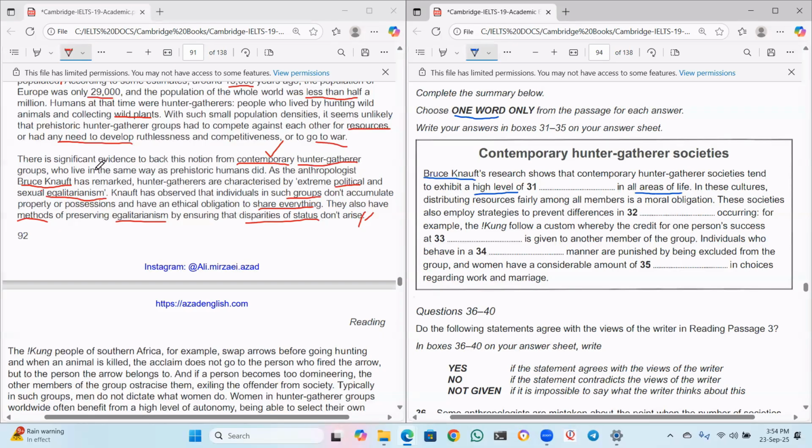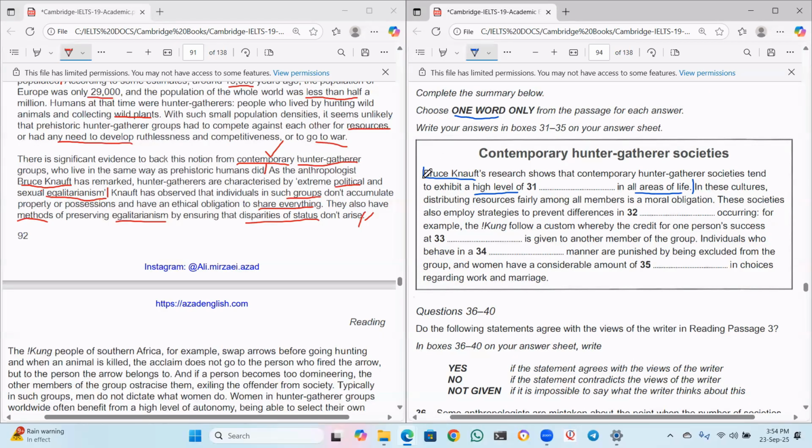There is significant evidence to back this notion from contemporary hunter-gatherer groups who live in the same way as prehistoric humans did. As the anthropologist Bruce Knauft has remarked, hunter-gatherers are characterized by extreme political and sexual egalitarianism. Till here, this first sentence is completely paraphrased into the first sentence.